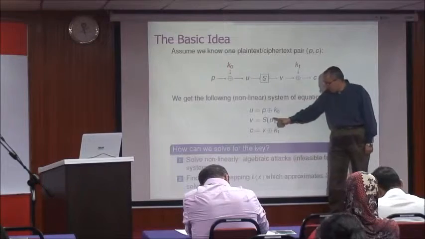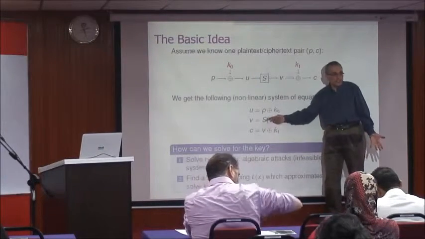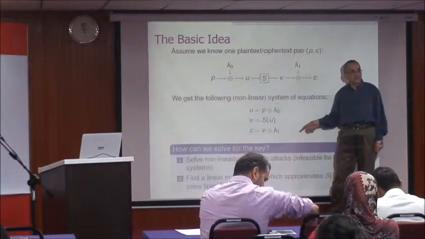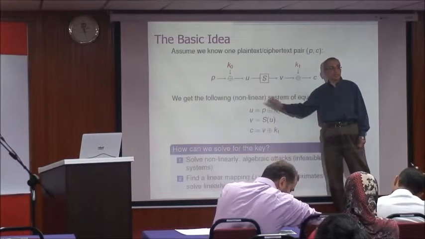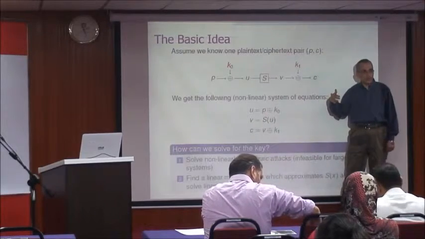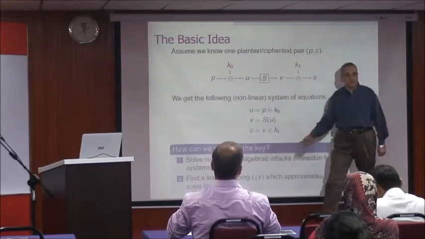The only problem is that S is nonlinear, and it doesn't make sense to just replace it with a linear system. So what we're going to do is replace S with a linear approximation. This linear approximation doesn't hold in a deterministic way, but it will hold in a probabilistic way.